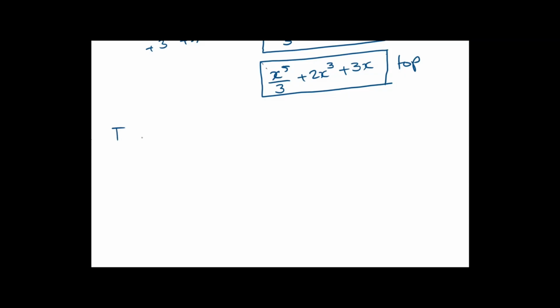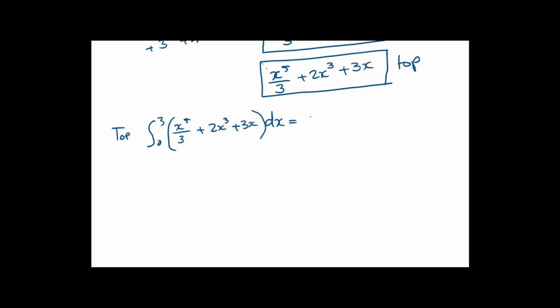Let's do the top one first. So we want the integral from 0 to 3 of x to the power of 5 over 3 plus 2x cubed plus 3x with respect to x. So let's ignore the 0 and the 3 to begin with.